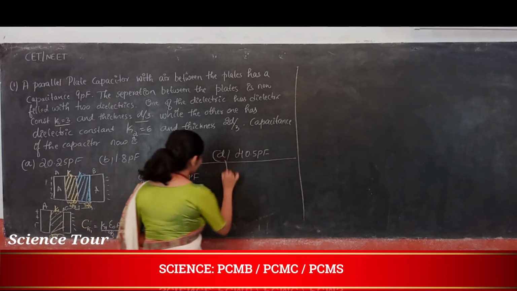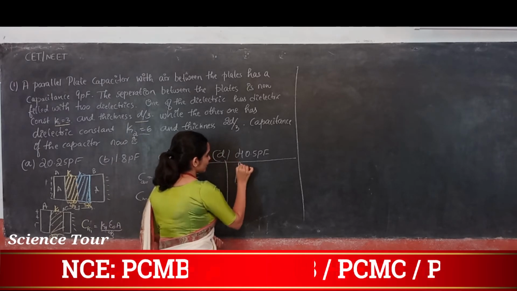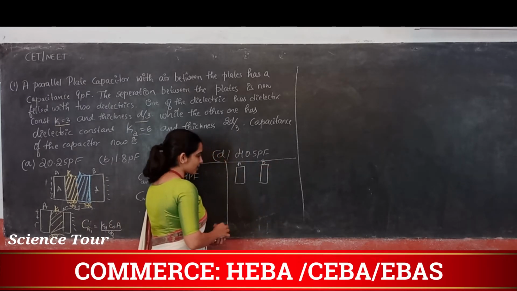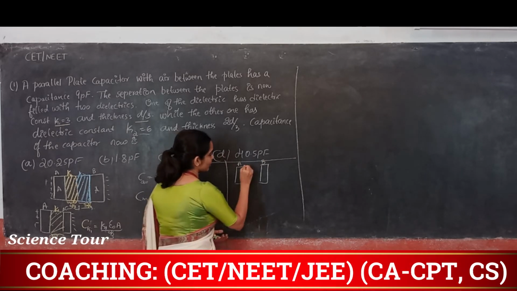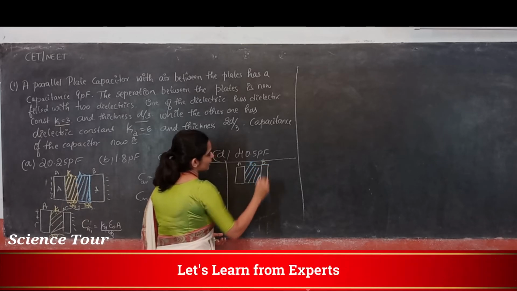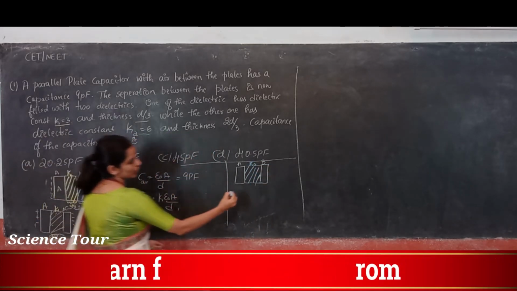Next, as a second case, assume the same parallel plates A and B, and the separation between them is filled with dielectric material of dielectric constant K2. What is the thickness of the second dielectric material? 2D by 3.